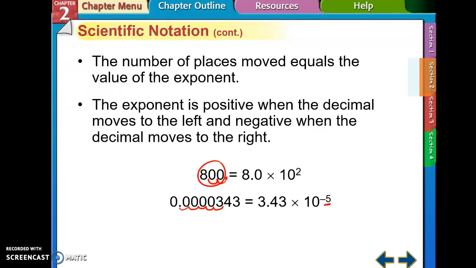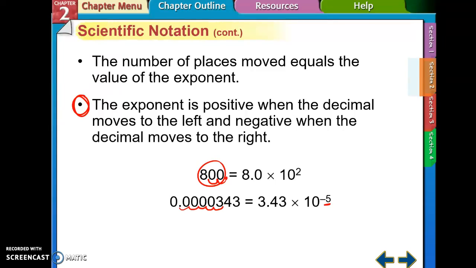So 3.43 times 10 to the negative 5th. Now, why is it negative when right here the decimal moved to the right when I was putting it into scientific notation? So this rule up here has to do with when it is going into scientific notation. Alright, if you're taking it out, it goes the other way.